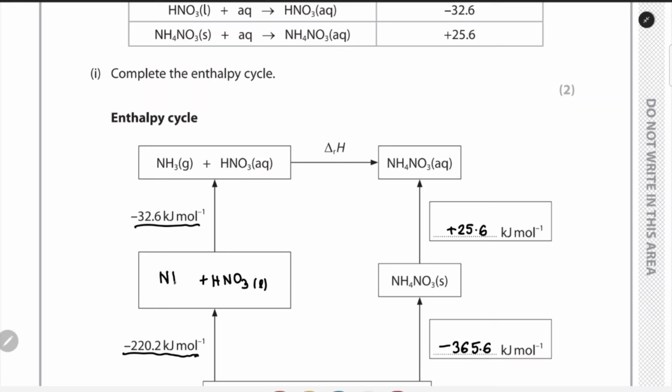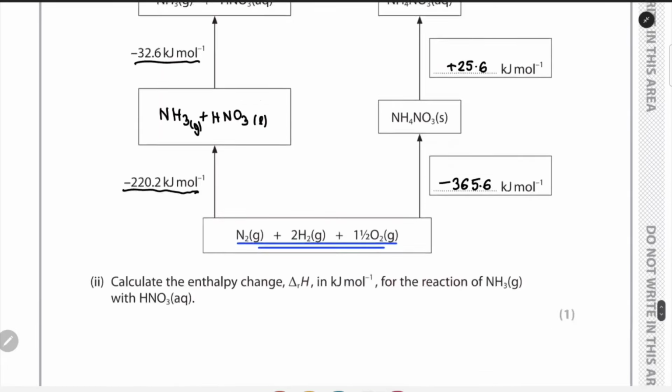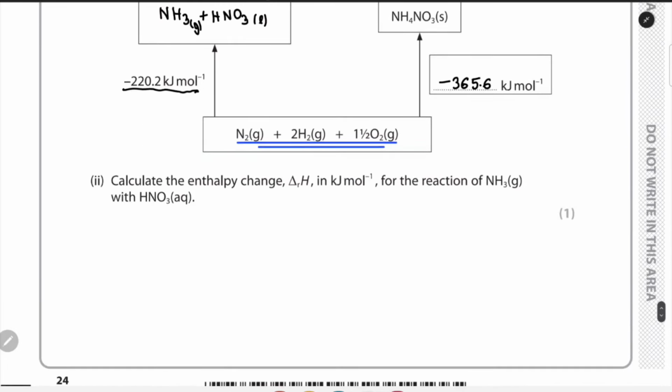And I must have also had NH3 gas from beforehand, because if I didn't have it over here, I wouldn't have it over here, since nothing else is reacting except this HNO3 liquid turning into HNO3 aqueous. Now from here we have to find the enthalpy change for the reaction between NH3 and HNO3.